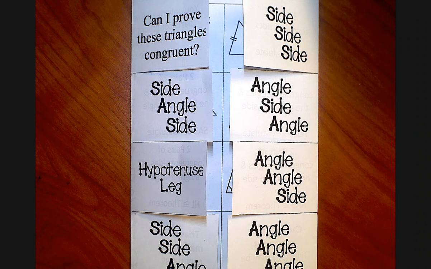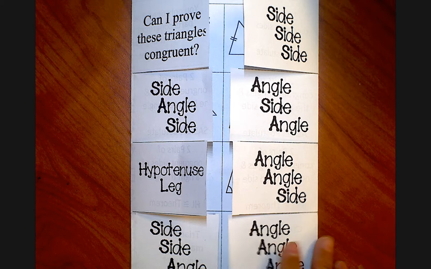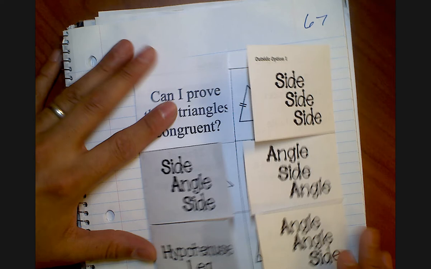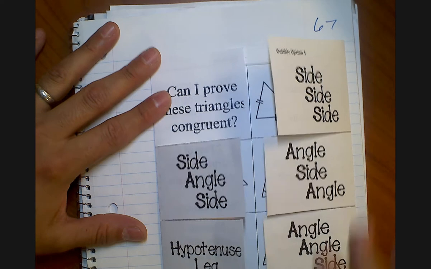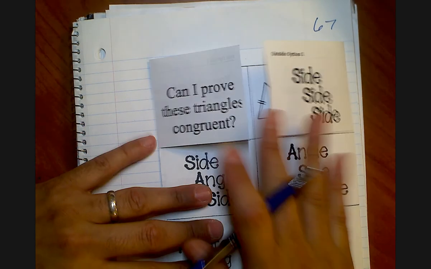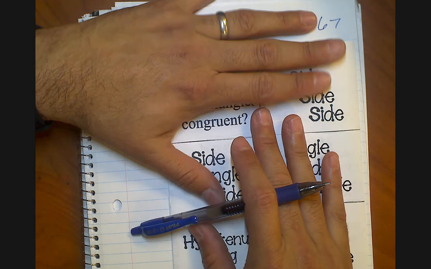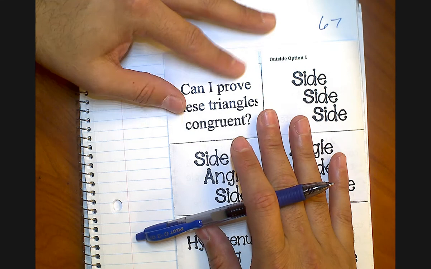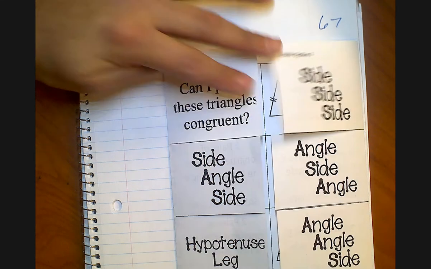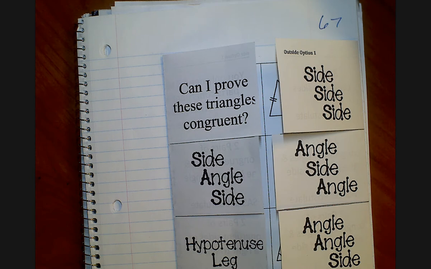This is going to end up in our notebook. So this one in our notebook is going to end up at page 67. So here's page 67. I have an extra one.